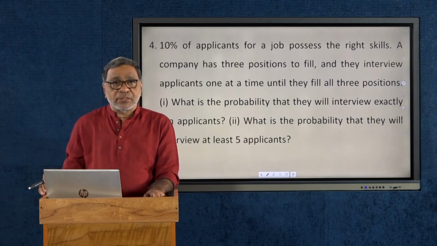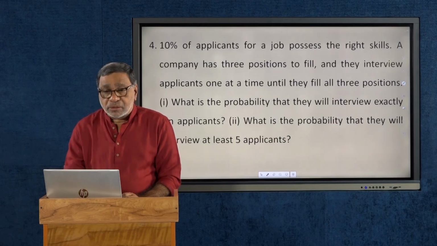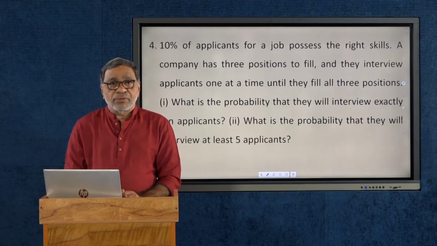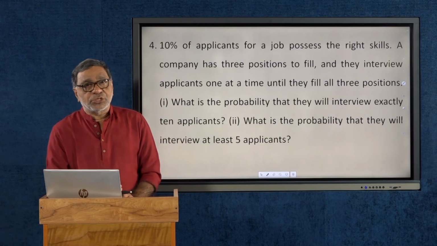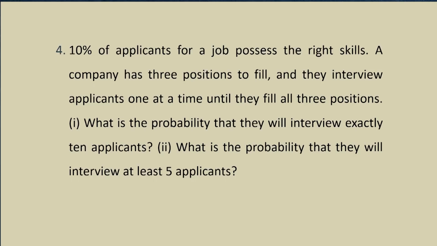And consider a numerical example. Again, it is a case where we are applying the negative binomial distribution. 10% of applicants for a job possess the right skills. So, only 10% of applicants for a job possess the right skill of that profession.